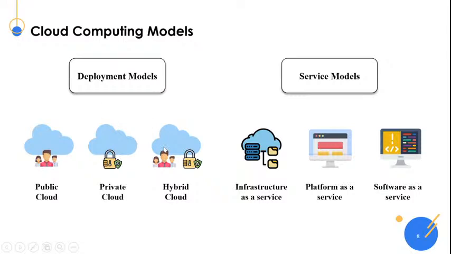The way you can access these services on cloud, these are public cloud, private cloud, hybrid clouds. Okay, so now let's understand all of these things one by one. What is public cloud, private cloud, hybrid cloud, infrastructure as a service, platform as a service, and software as a service, right?